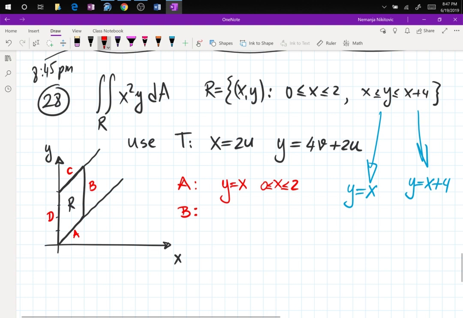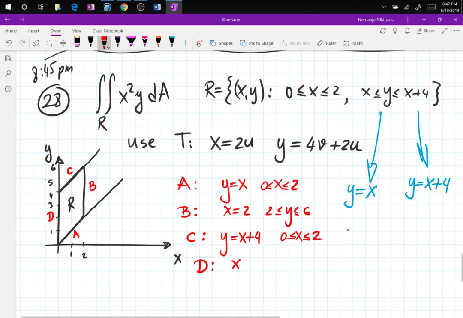For region B, x is always 2, and your y is stuck between 2 and 6, right? Because we have these numbers, 1, 2, 3, 4, 5, and 6. Region C is our y equals x plus 4 function, and x is stuck between 0 and 2. And region D is x is always equal to 0, and y is stuck between 0 and 4.